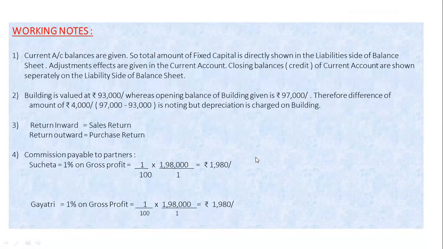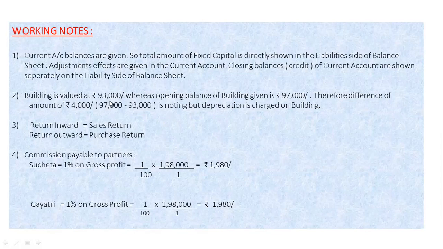See the working note slide, that is, first is current account balances are given. So total amount of fixed capital is directly shown in the liability side of balance sheet. Adjustment effects are given in the current account. Closing balances, that is of credit of current account, are shown separately on the liability side of balance sheet.